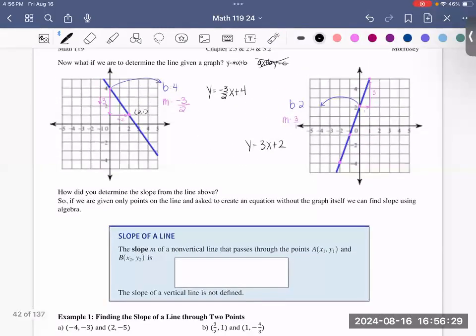So essentially what we have done on these two problems is that we are given only 2 points and we are asked to create an equation from the graph itself. But let's say we take away your graph, but you're still given 2 points. How do you create the equation for the line?